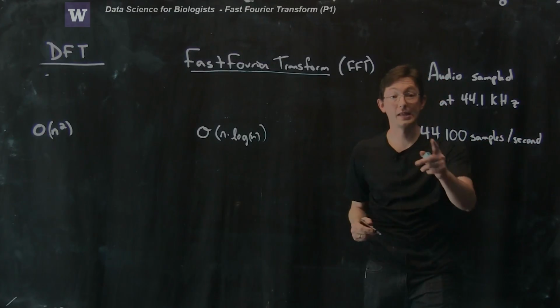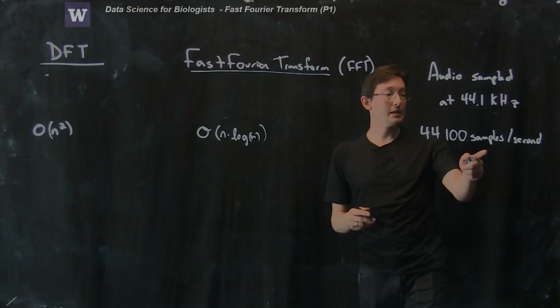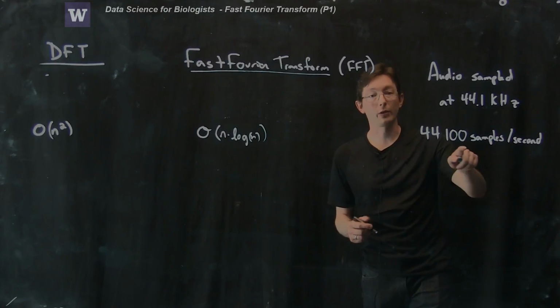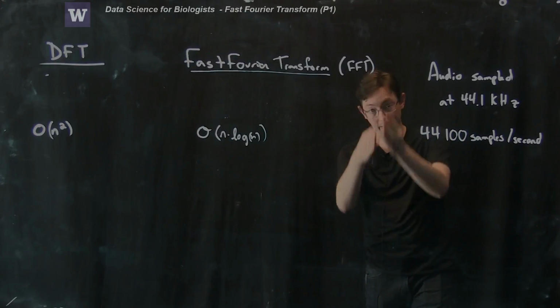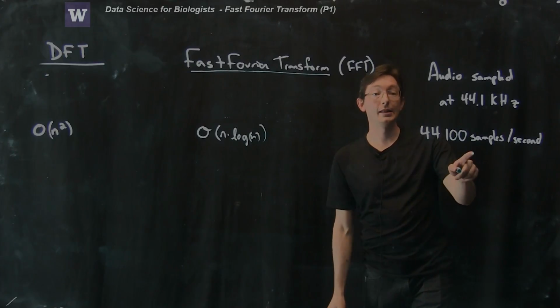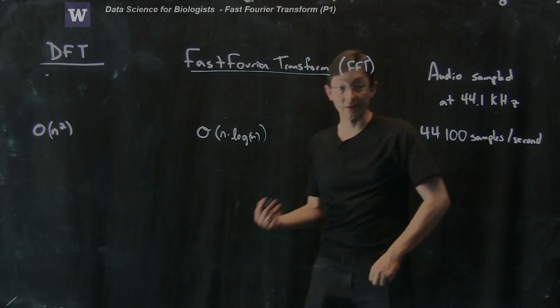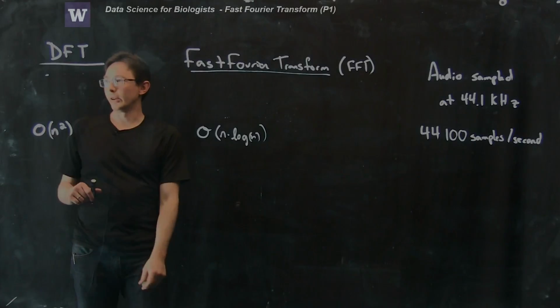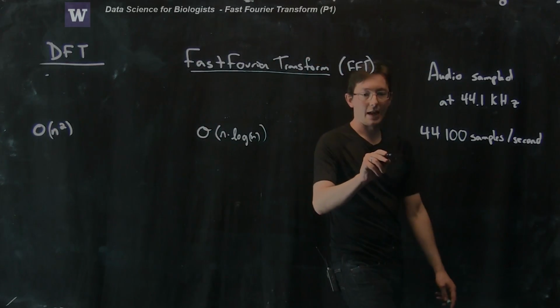Okay, that's a lot of samples of audio. And that means if I had 1 second, I would have 44,000 data points in my vector of data. If I had 10 seconds, I would have 440,000 sample points. So let's look at that case. So we have 10 seconds of audio.